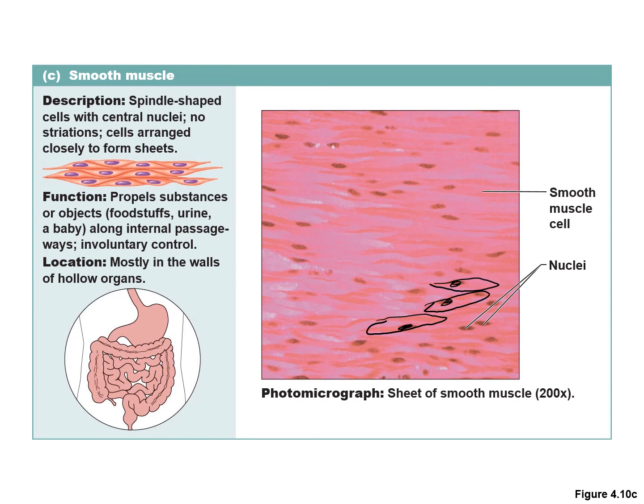The function, as with any muscle, is movement, but this time we're going to move foodstuffs, urine, right, or even, let's say, what else can we move? Well, we move your blood because your heart contracts, but you will find smooth muscle in the walls of the blood vessels as well. And so the location is mostly in the walls of hollow organs.